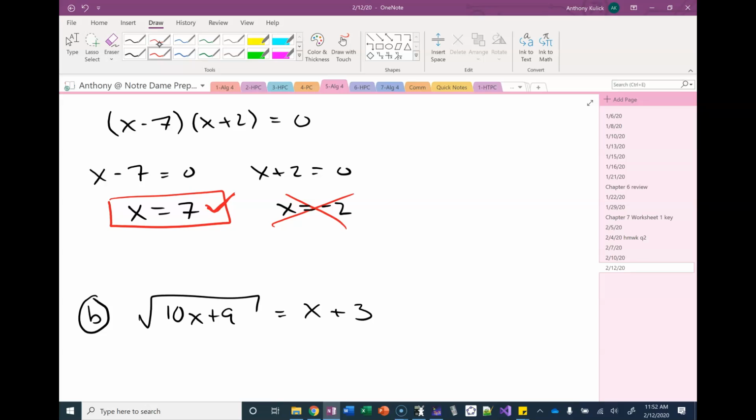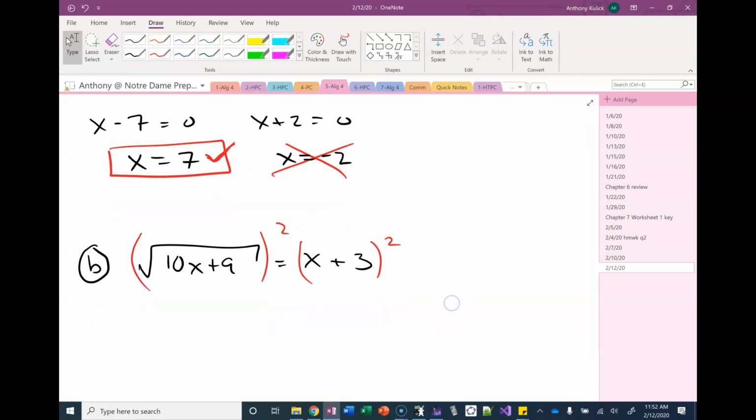So what if we do the square root of 10x plus 9 equals x plus 3? What's the first thing I should do? Yeah, let's square both sides to cancel out the radical. So that's going to give me the 10x plus 9.